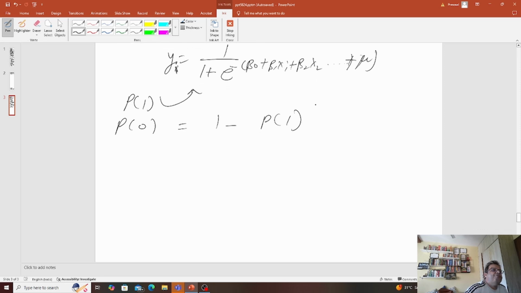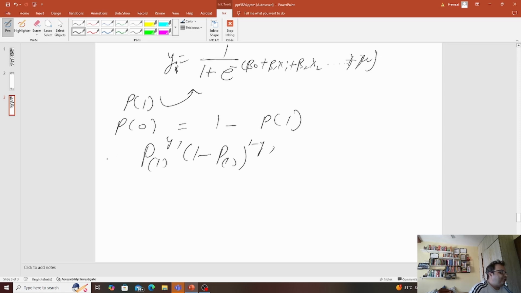But if we have to find the probability distribution function for all the values of y, then how do we generally do it? We find the probability of 1 and we multiply this by 1 minus the probability of 1, raising these to the power of yi here and 1 minus yi here.